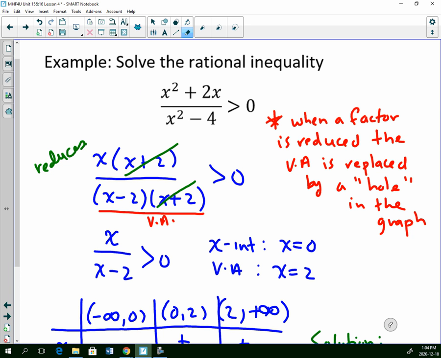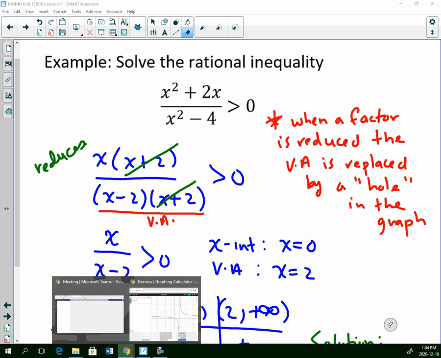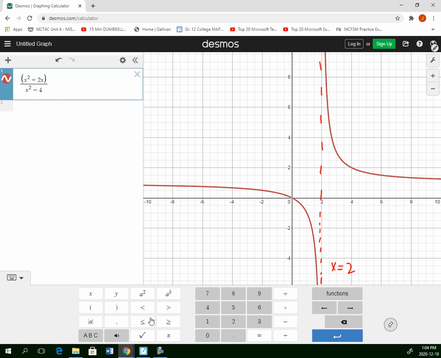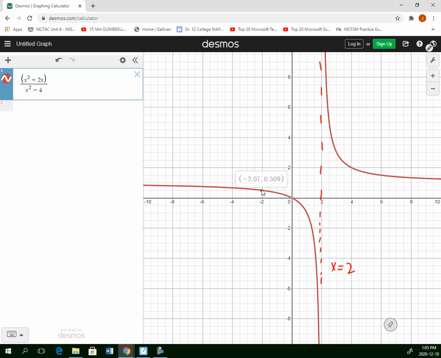All right, so this one that we reduced at x plus 2, that creates a vertical asymptote at x equals -2, that's gone. It's not on the graph, as you can see. But if I take my mouse and I go to x equals -2, so if I get exactly on -2, you will see here that it says it is undefined.